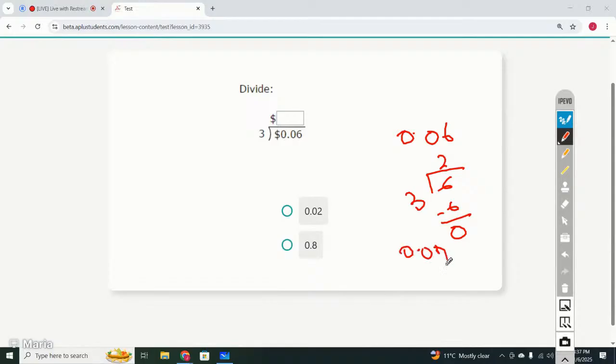That is 0.02. Just put the decimal point back. So that is $0.02. Option number 1 is the correct option.